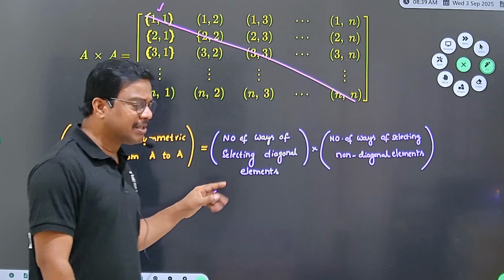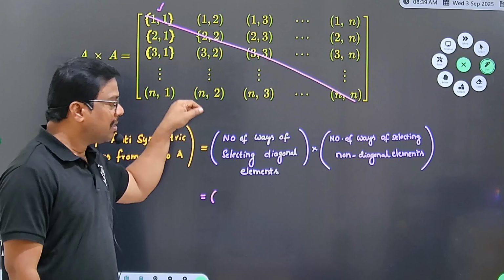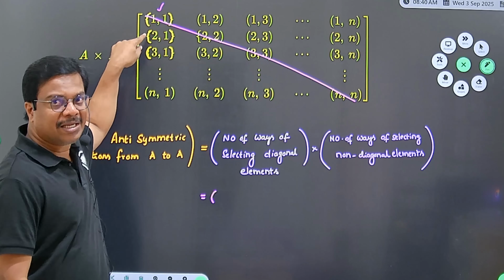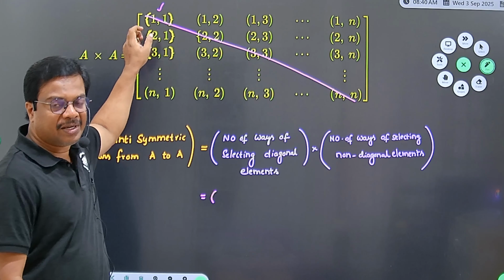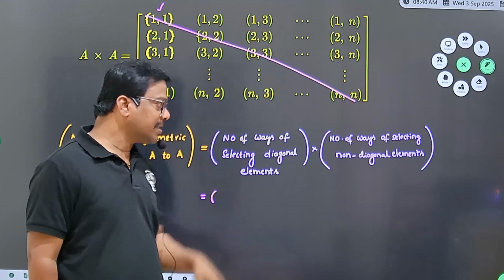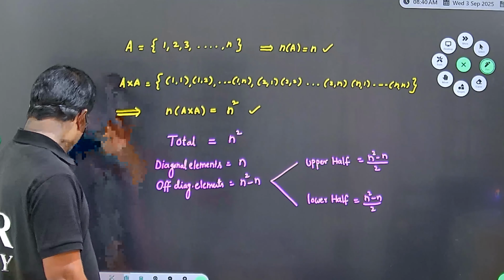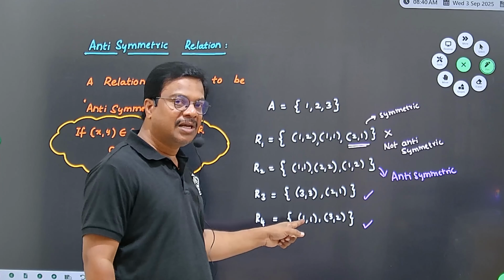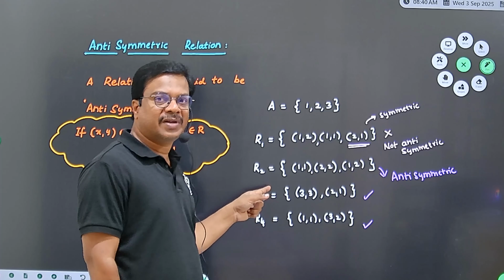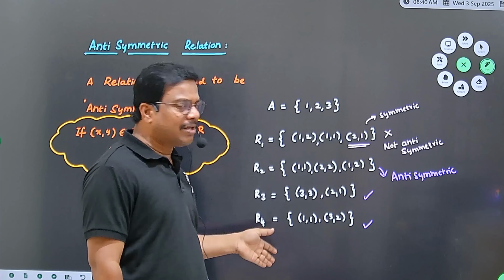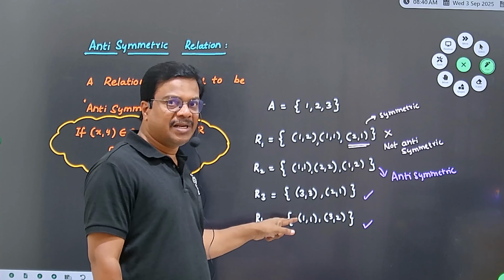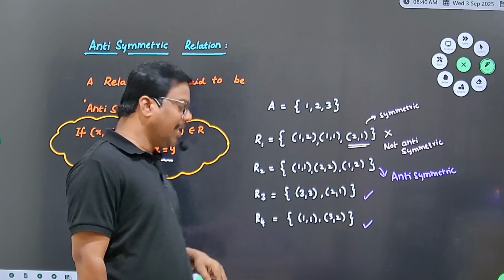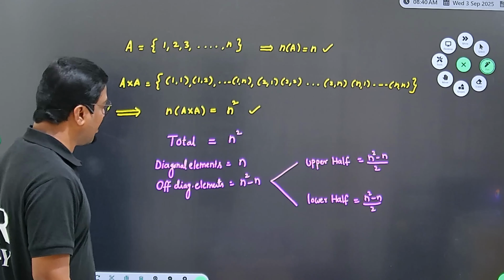We are going to discuss only the diagonal elements. The possibility to take ordered pair 1, 1, you may select or you may not select. See, here in R4 you have 1, 1, but in R3 there is no 1, 1. So, by observing the relations, 1, 1 may be present or may not be present. So, how many chances are there? Just 2 chances are there.